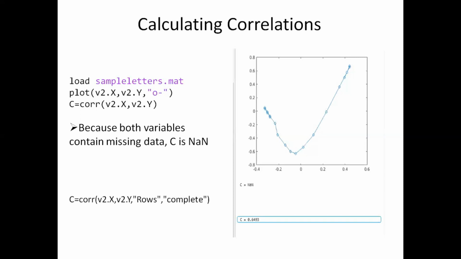Wherever there are missing values, it will leave out those rows and consider only the rows with complete data to calculate the correlation. Using this code, we see that the correlation value comes out to be 0.6493.